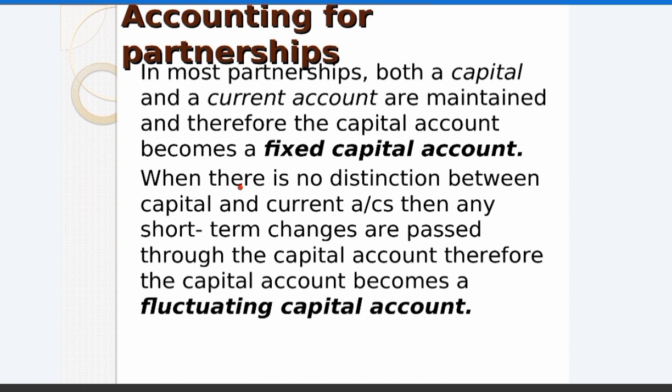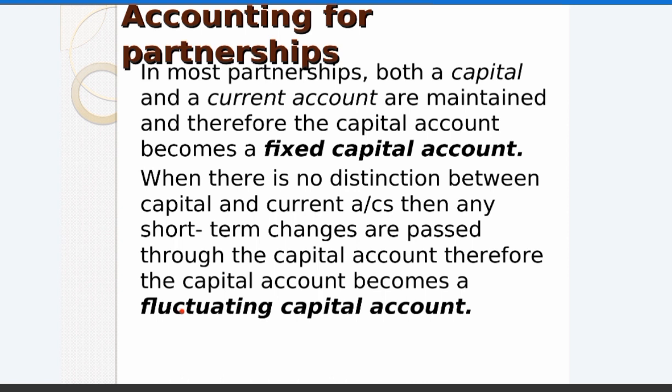So the one account will represent both the long-term interest and the short-term interest. So the account that then will be maintained is called a fluctuating capital account. It is called fluctuating because the short-term interest is also maintained in the same account.